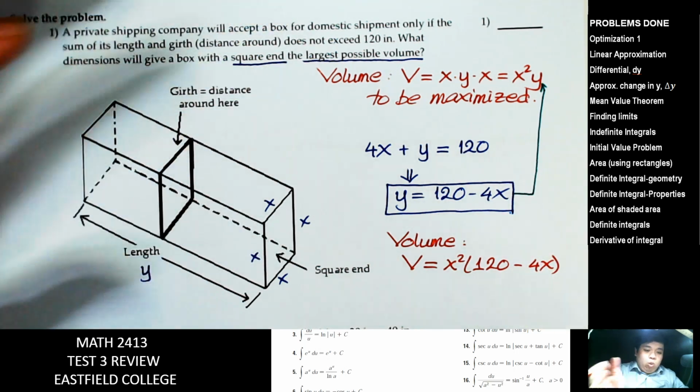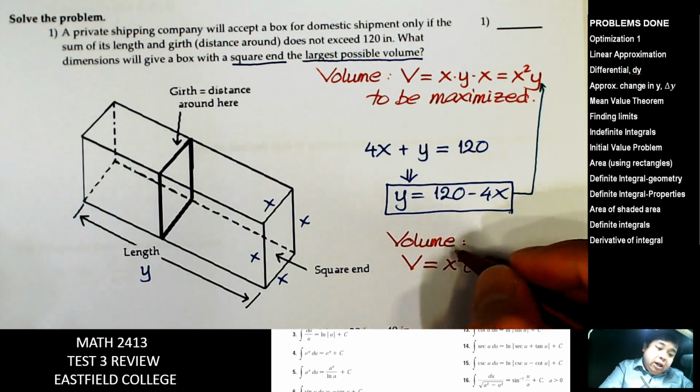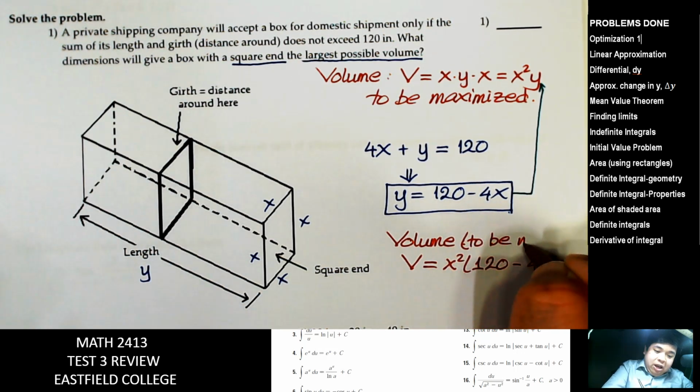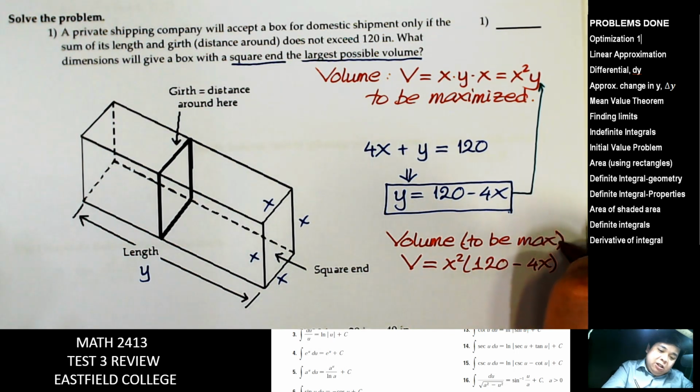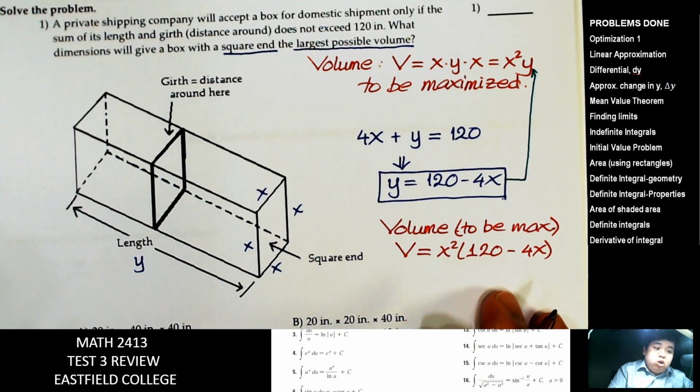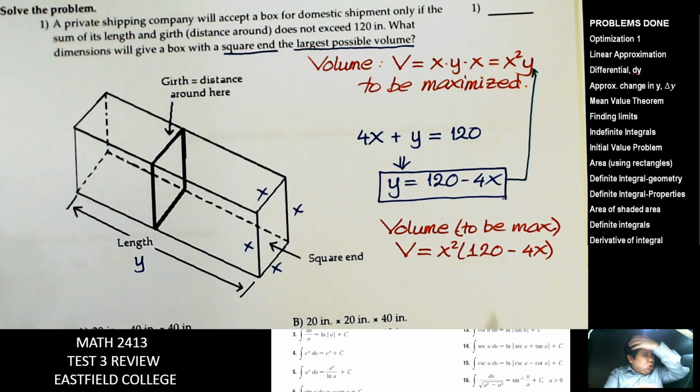One function, one variable, so it's good, and the volume is to be maximized. So we have the function to find the maximum, which is good.